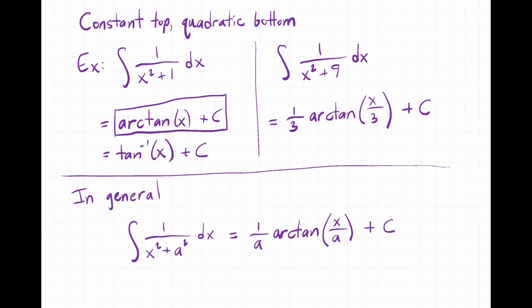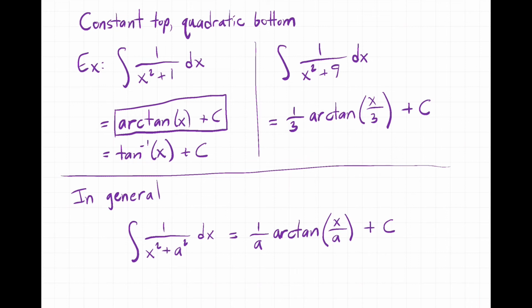Again, you can work this out, you can prove this for yourself using a very simple trig substitution. Let x be equal to a tangent theta, and you'll find that works. And that might be a hint to you. It may explain why arctangent is actually showing up in the answer here.